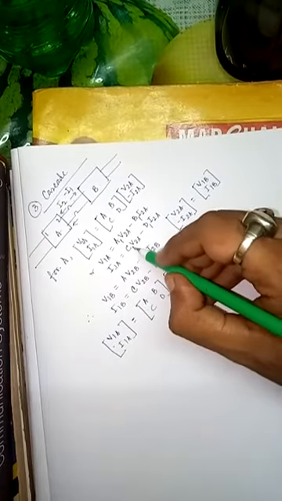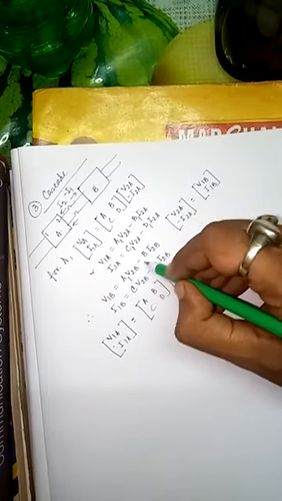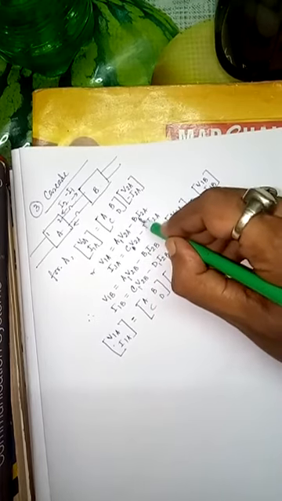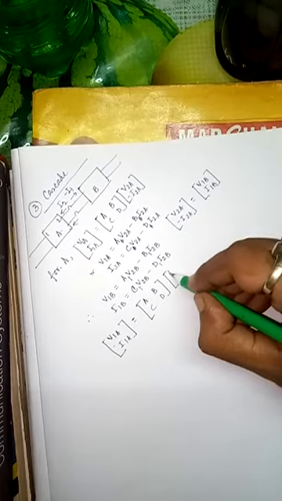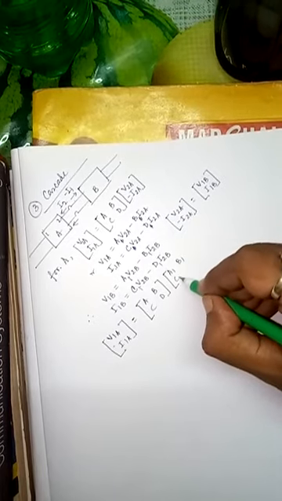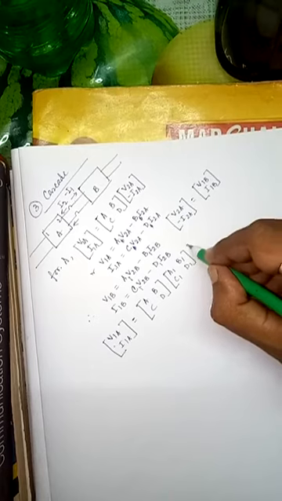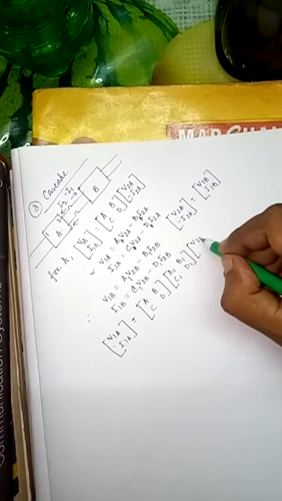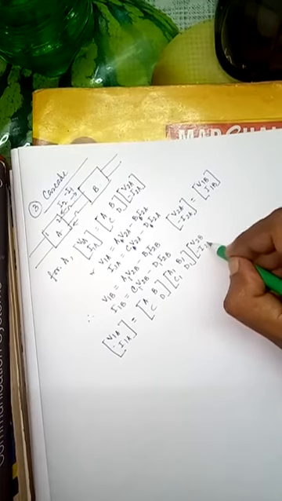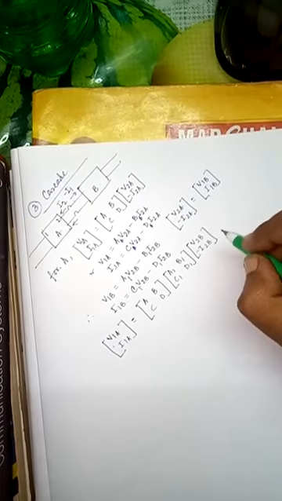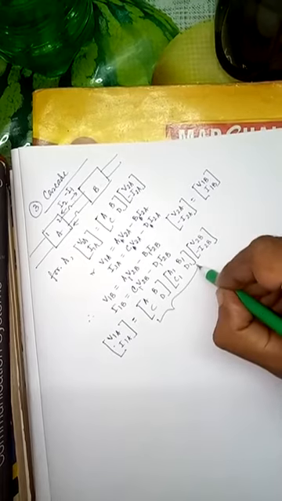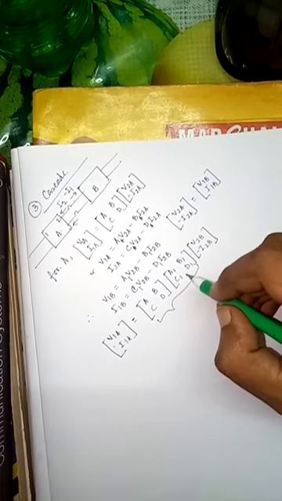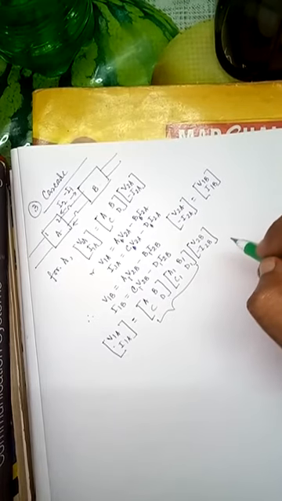In B part we are considering this A1 B1 C1 D1, so we should not take it for the first part, keep it just as usual. So it should be A1 B1 C1 D1 of V2B minus I2B. So this particular part is the total. So whenever the two networks are in the cascaded form, they are always multiplicative.